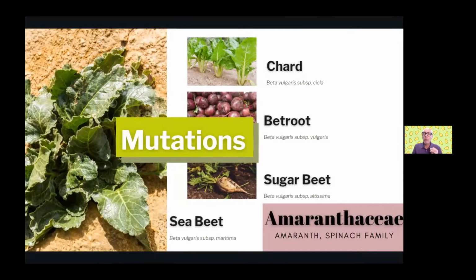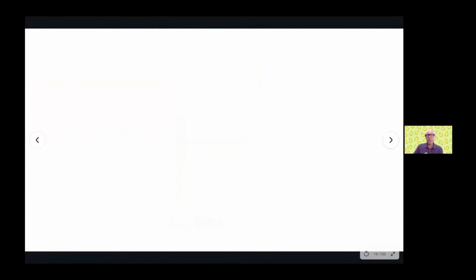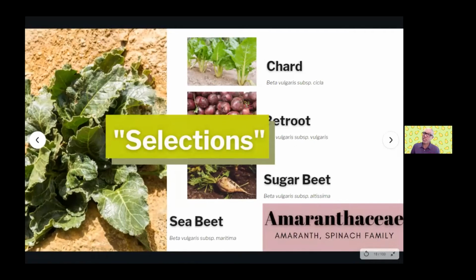These are mutations. This is the joy of mutation, sometimes referred to as selections. So humans have these plants in cultivation. They notice a weird one that has a trait that's desirable. That one is selected and coddled and grown, and the seeds are collected from that plant that has the desirable trait. And then perhaps a seedling from there is going to have an exaggerated trait, and so on.